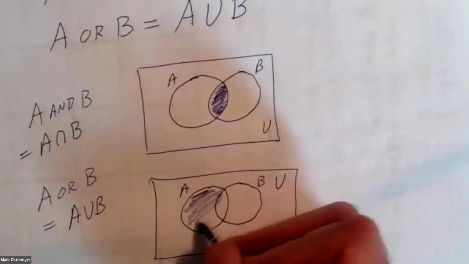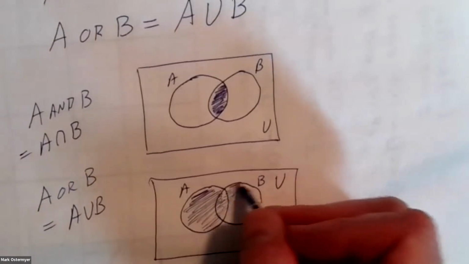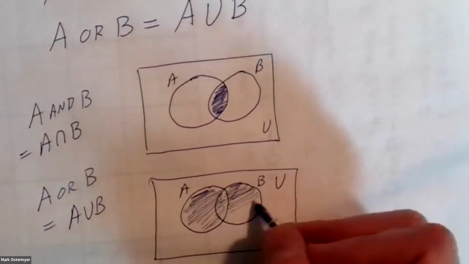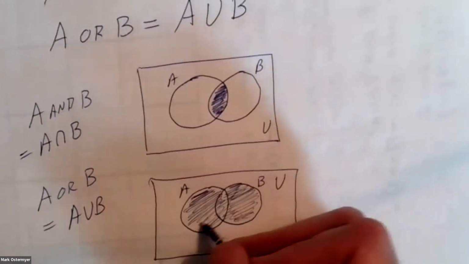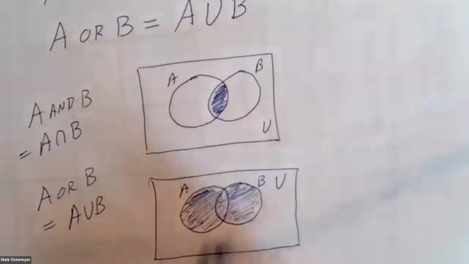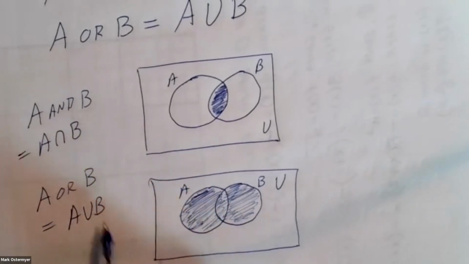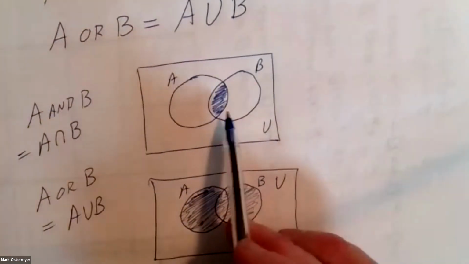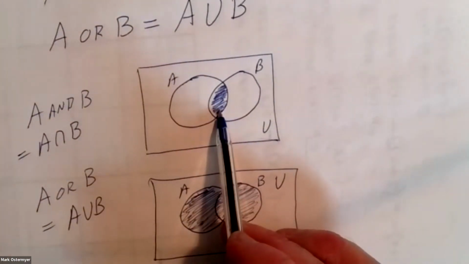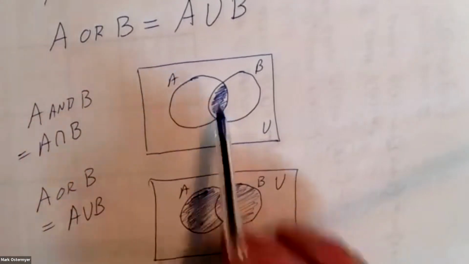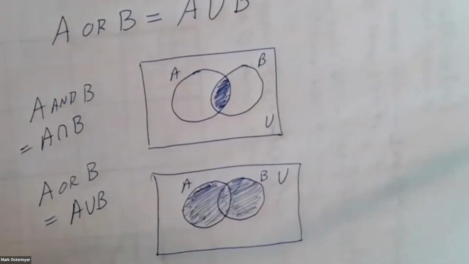So to represent A or B, we would shade sets A and B, shade them all. This represents the union of sets A and B. Every element in this shaded region belongs to the union of sets A and B. Every element in the shaded region here belongs to the set A intersect B. Do we understand the Venn diagram representation of the intersection or the union of two sets?